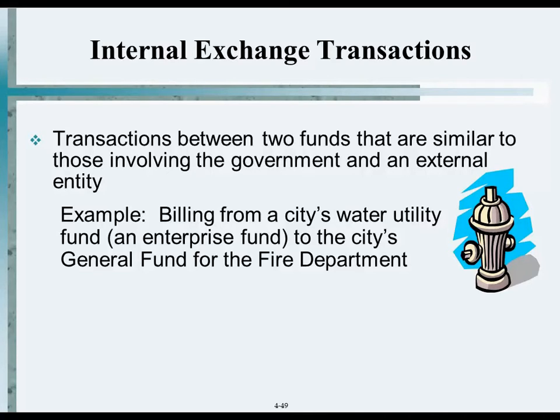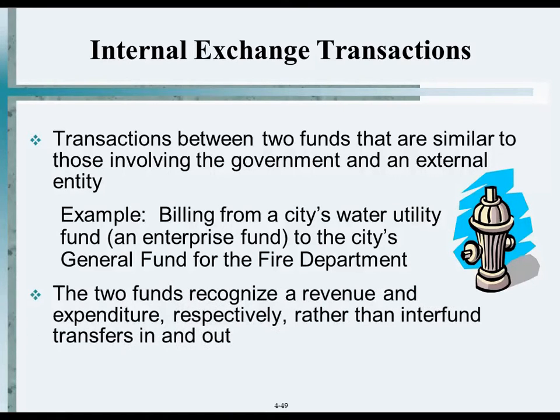So let's take a look at an internal exchange transaction between a city water department and general fund, okay? Let me first put this in context for you, okay? There are transactions that can occur between government units themselves.